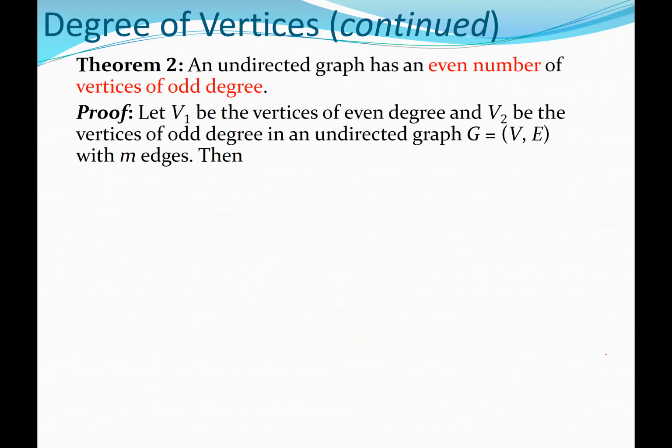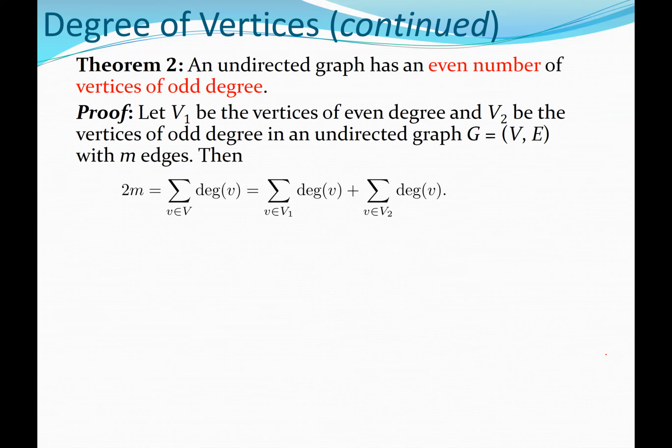For example, when you have 1, 2, 3, 4, 5, 6, V1 only collects odd numbers, so V1 becomes 1, 3, 5. And V2 only collects even numbers, so V2 becomes 2, 4, 6. Similarly here, V1 only collects the vertices with even degree, and V2 collects the vertices with odd degree. When you put them together, you still get the whole graph, right?